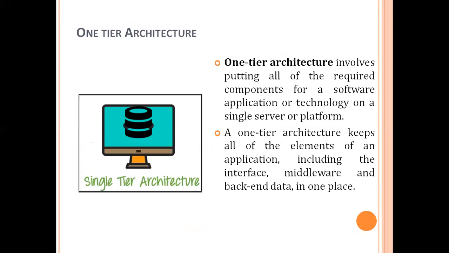In one tier architecture, whatever files are required to design your application, to design your software, will all be in a single platform or in a single machine. For example, if I want to design an application for student results, we need a window to enter your hall ticket number and click the button. This is a user interface.